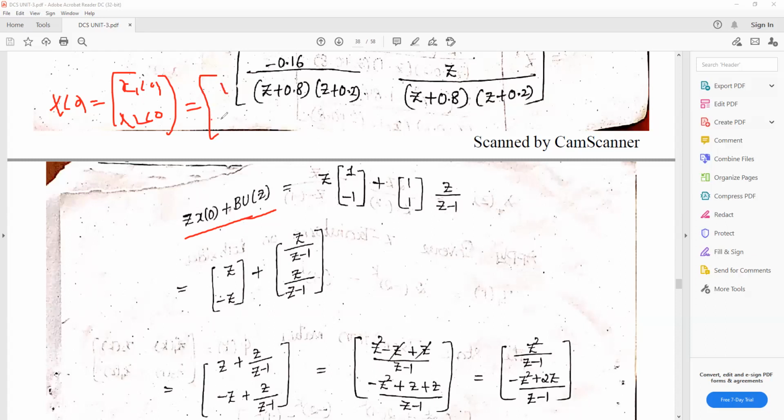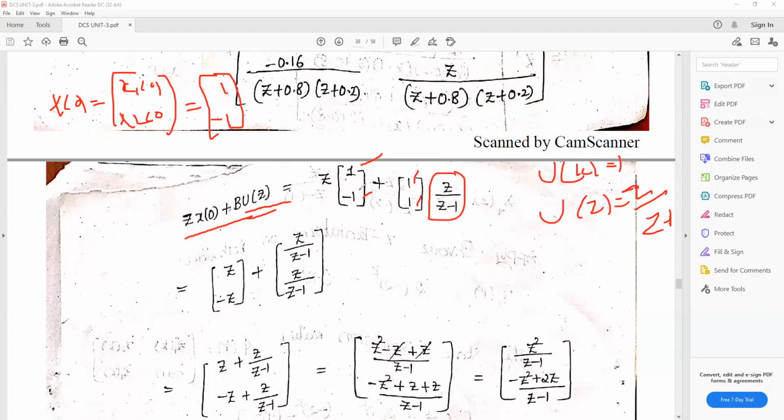They are 1 and minus 1. So z into x of 0 is z into 1, minus 1. And the B matrix is given as 1, 1, and u of k is given as 1, so we apply the z transform. U of z is z by z minus 1.